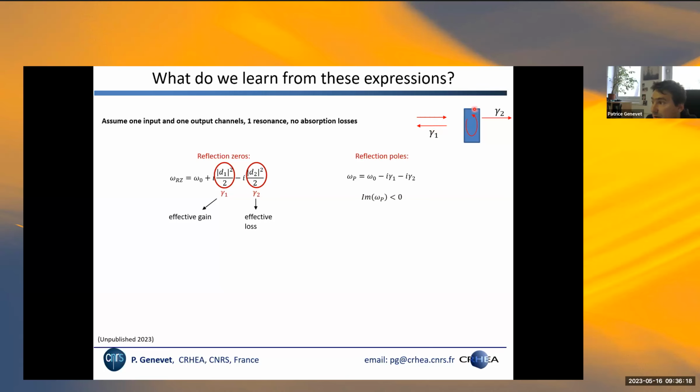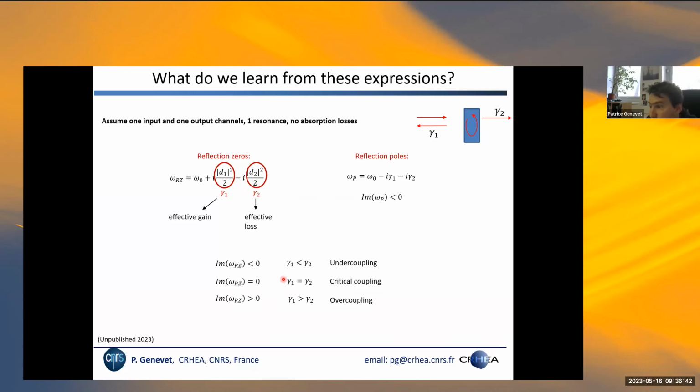Then, as we said before, when the system is inversion symmetric, the imaginary part vanishes and you have only real frequencies for the zeros. So this becomes very handy, because with this expression, depending on gamma 1 and gamma 2, we can find the regime we call the undercoupled regime.